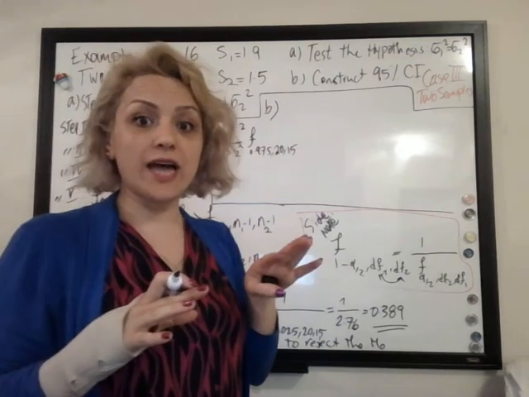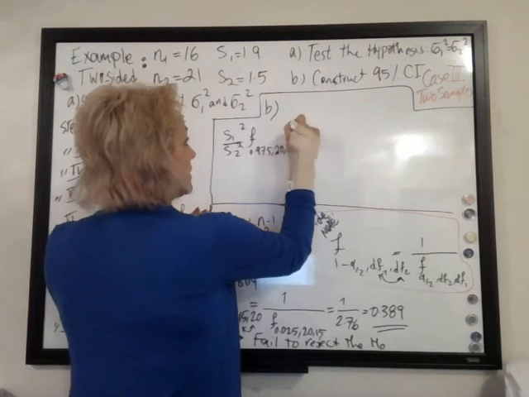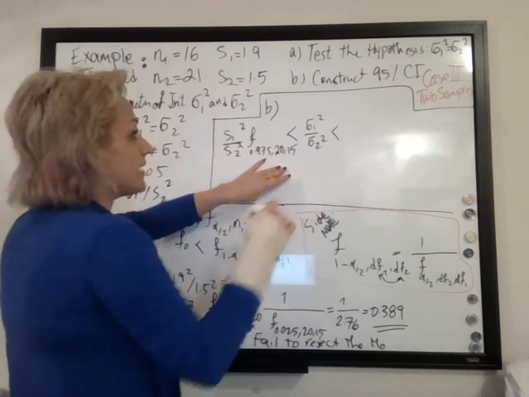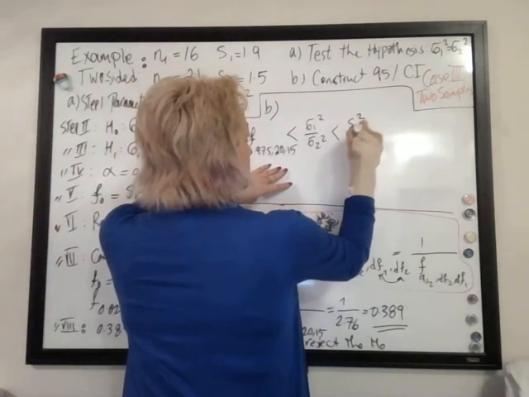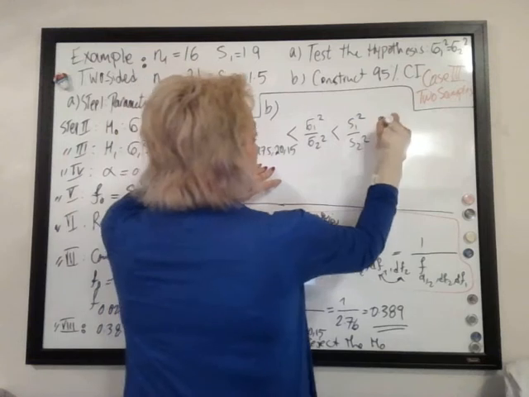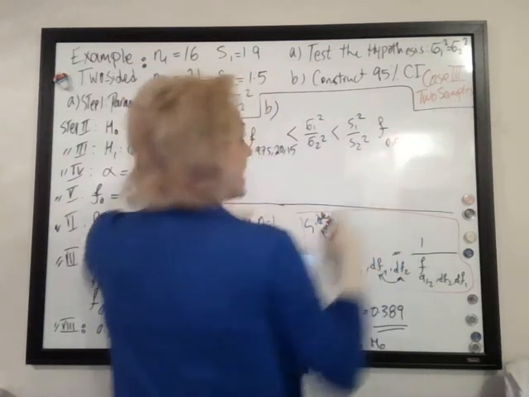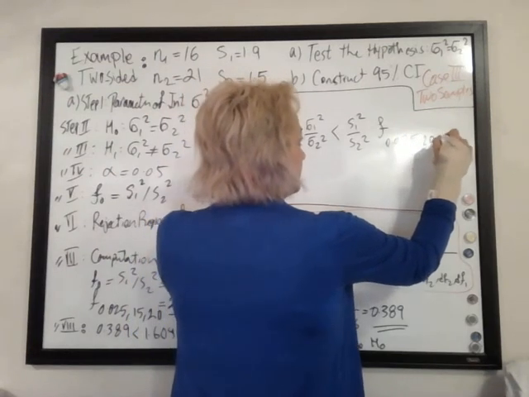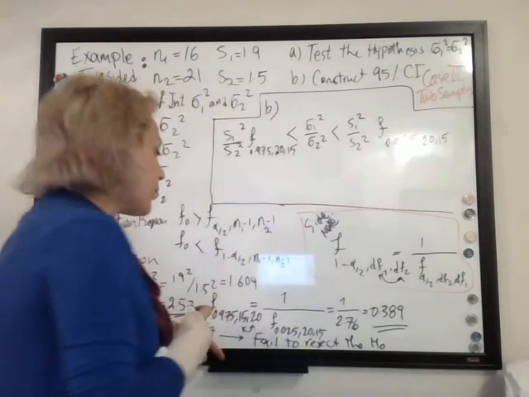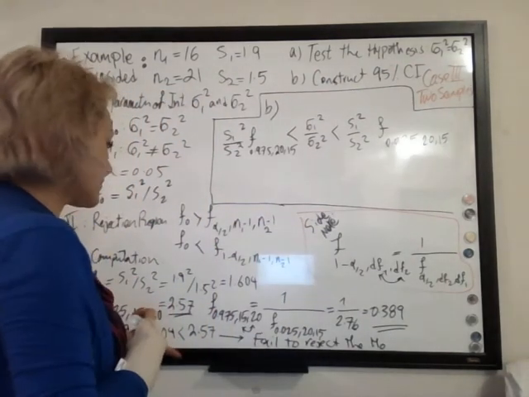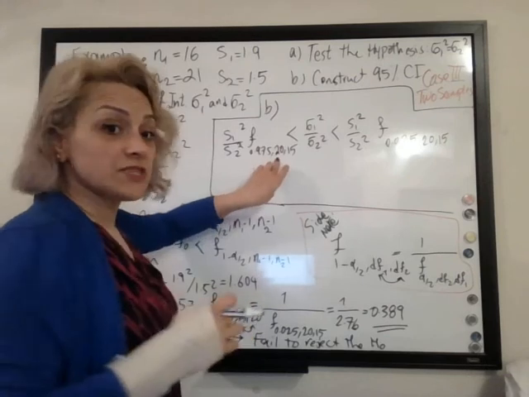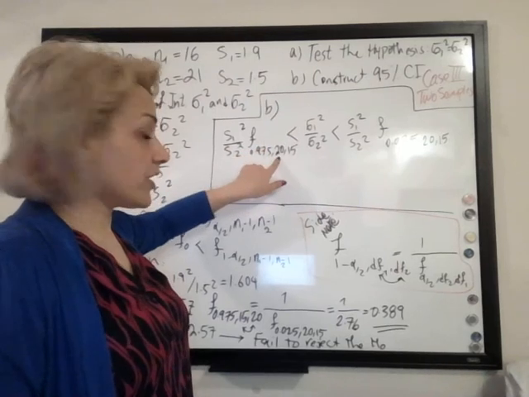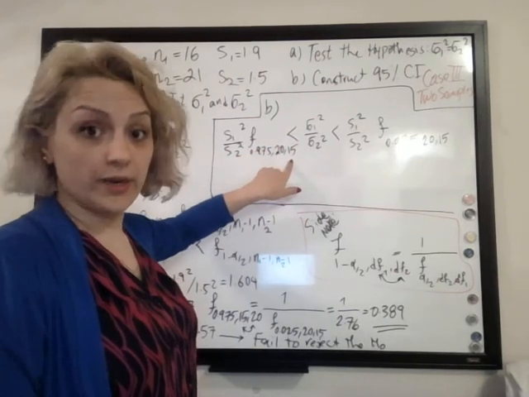Then you would have sigma 1 power 2 and sigma 2 power 2, and then S1 power 2, S2 power 2, and the upper bound, F at half of the alpha, 0.025, with 20 and 15. With the confidence interval, for the F we are going to write down the denominator first and then the numerator.